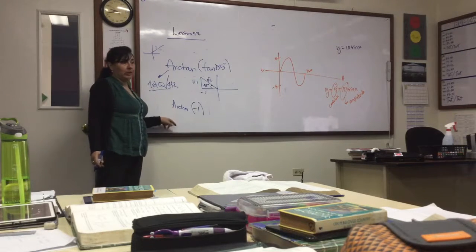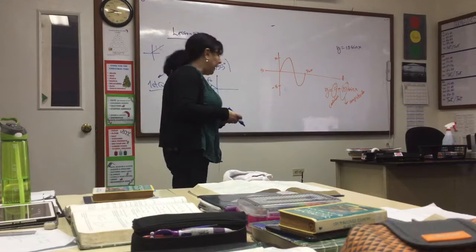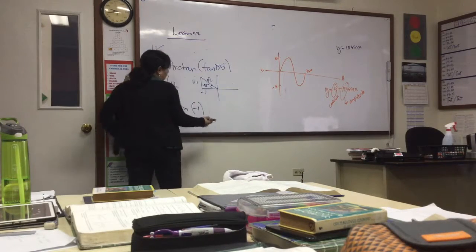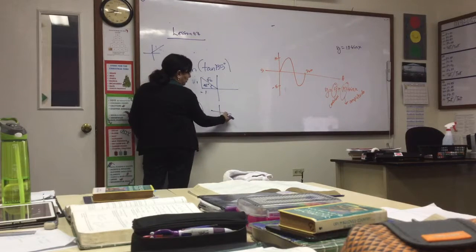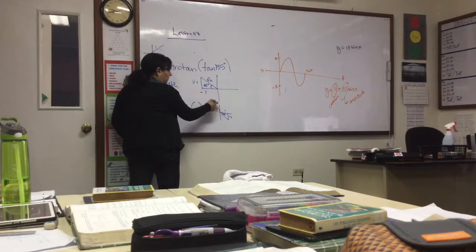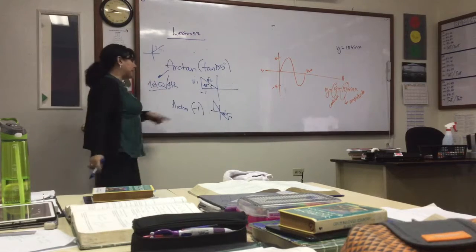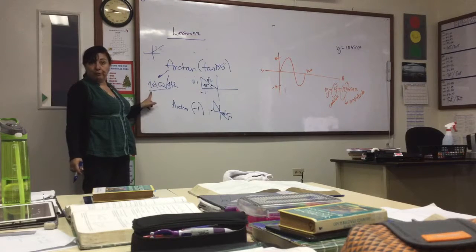It's still opposite over adjacent, but the other way. Where is it negative 1? It's either here or here, right? It's gotta be this one because it's a capital A, and it restricts you to the first and the fourth quadrant. Does that make sense?